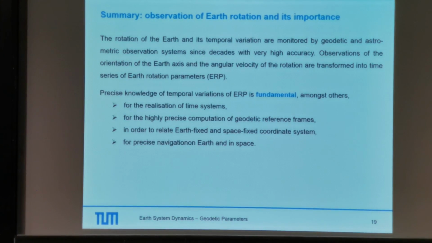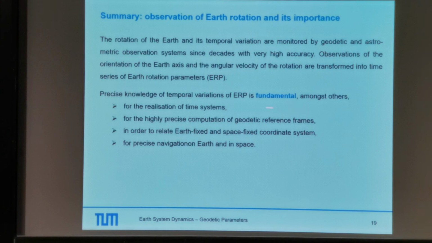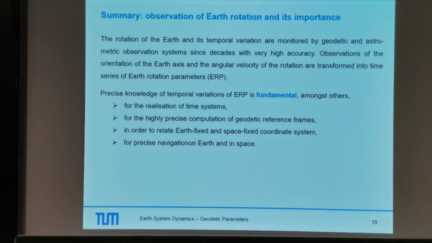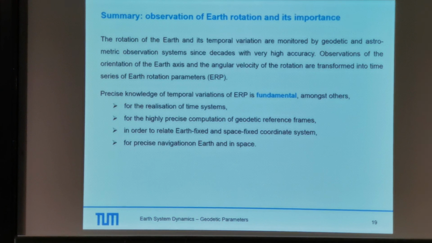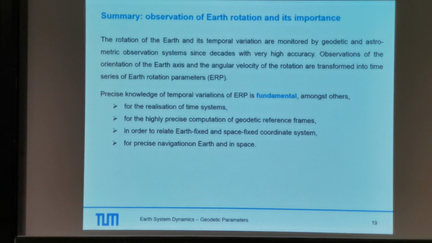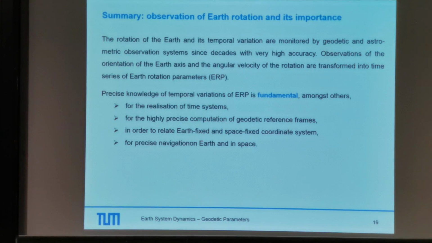A precise knowledge of the temporal variations is fundamental for the realization of the time systems, so Universal Time Coordinated, or time systems on Earth, and highly precise computation of geodetic reference frames. Since we observe from the crust, we observe satellites orbiting in the inertial space, so we have to account for the Earth rotation in order to relate Earth-fixed and space-fixed coordinate systems, and for precise navigation on Earth and in space.